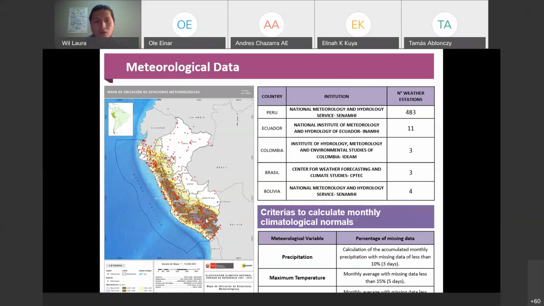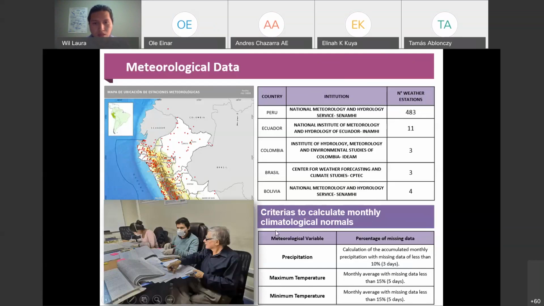And once we got this information, we carried out a quality control, verifying the flags and validating them with a spreadsheet of each conventional station, as you can see in the picture.